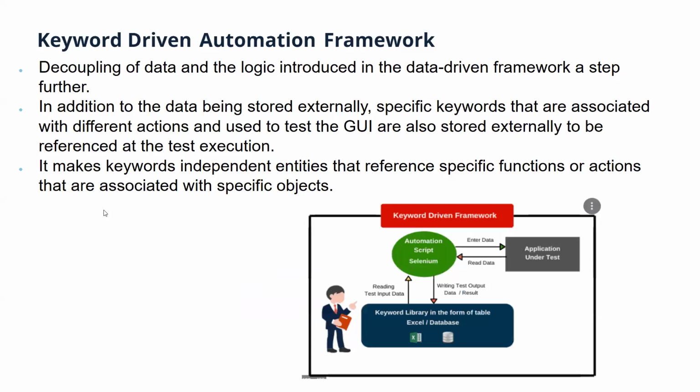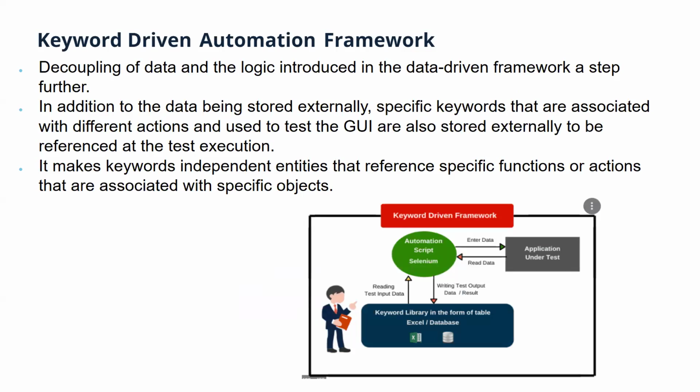Then keyword driven. Think, some activities always recur: you will have a login button and multiple buttons, and you might have to click these buttons. To click them, you can develop a keyword called click and write code for it. If you want to click any button, you can call the click keyword.